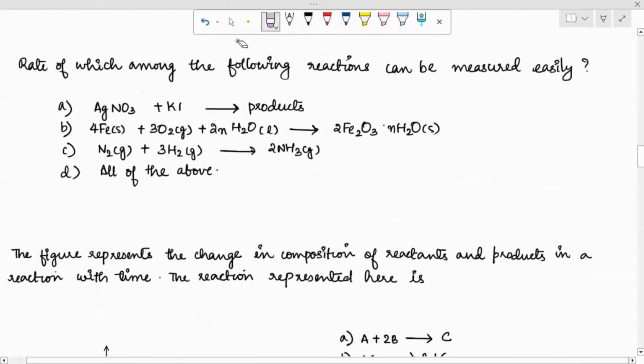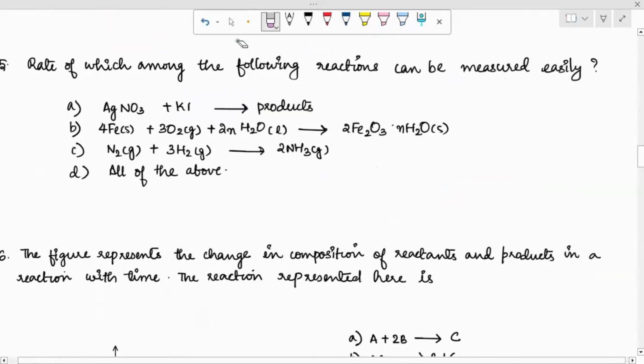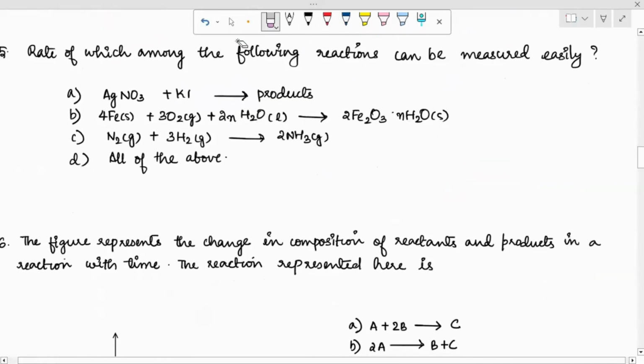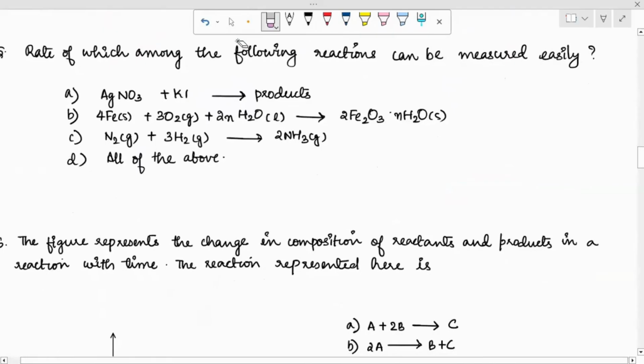Next question is from the basics, question number 5. Rates of which among the following reactions can be measured easily? Now, this is where we begin our class of chemical kinetics, right? So we have AgNO3 plus KI giving products. What type of reaction is this?